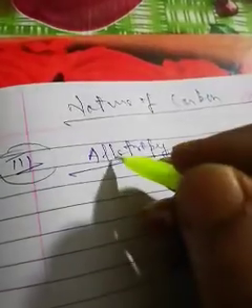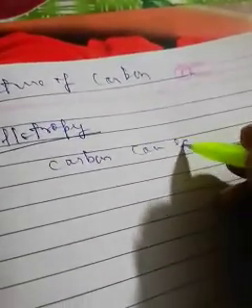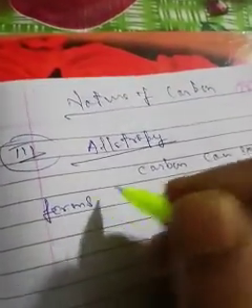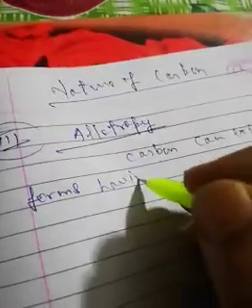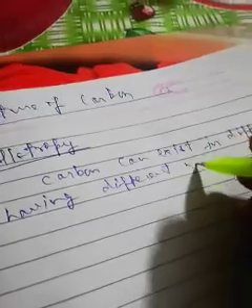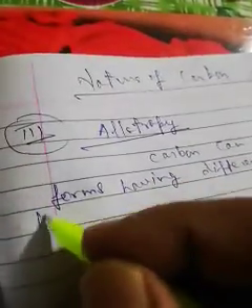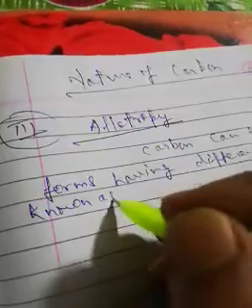What is the meaning of allotropy? Carbon can exist in different forms, having different nature. This is known as allotropy.